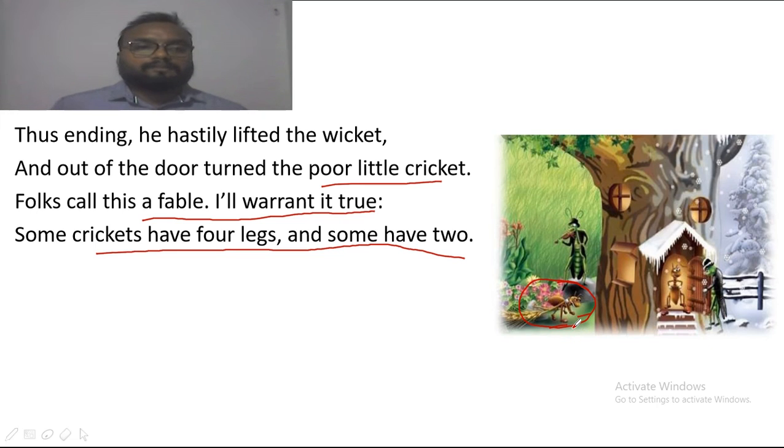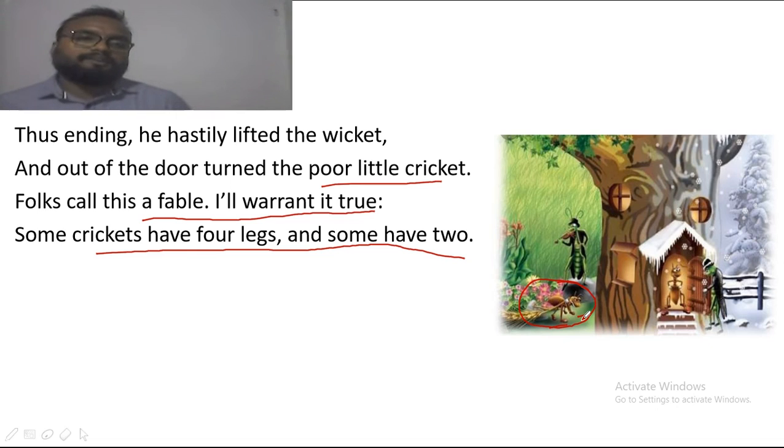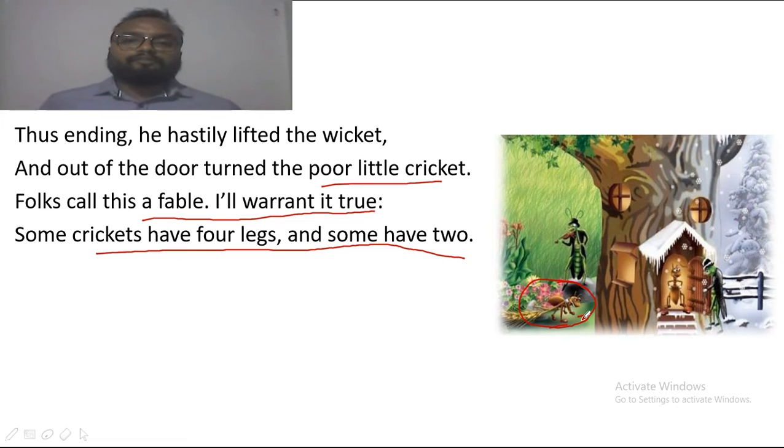So the moral of the story is that we should always plan wisely for our future, for our secure future. We should not be fickle minded. Otherwise, if we waste time and waste our favorable situation, if we do not respect that situation and time, then in the coming time we will have to face the same situation as the cricket has faced here.